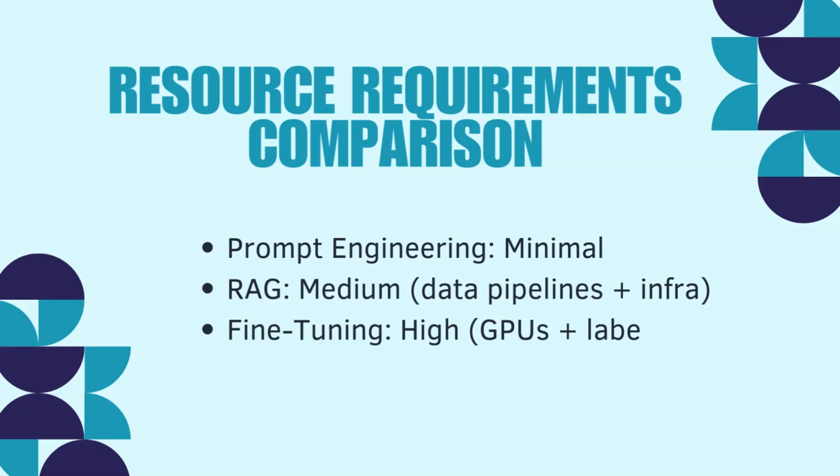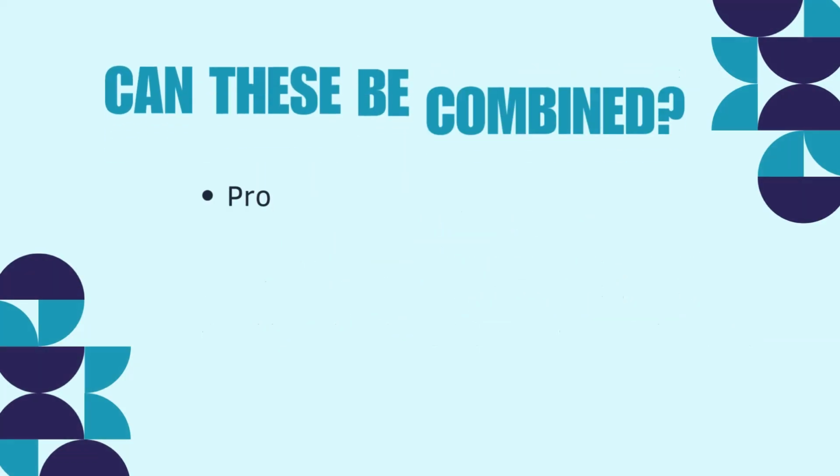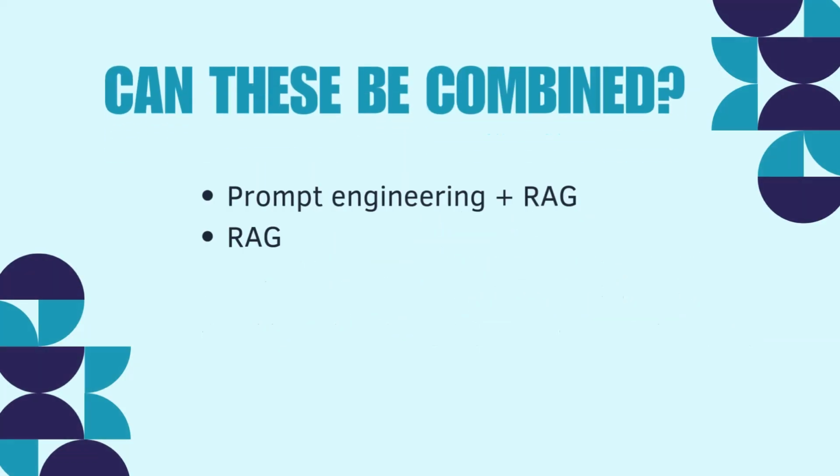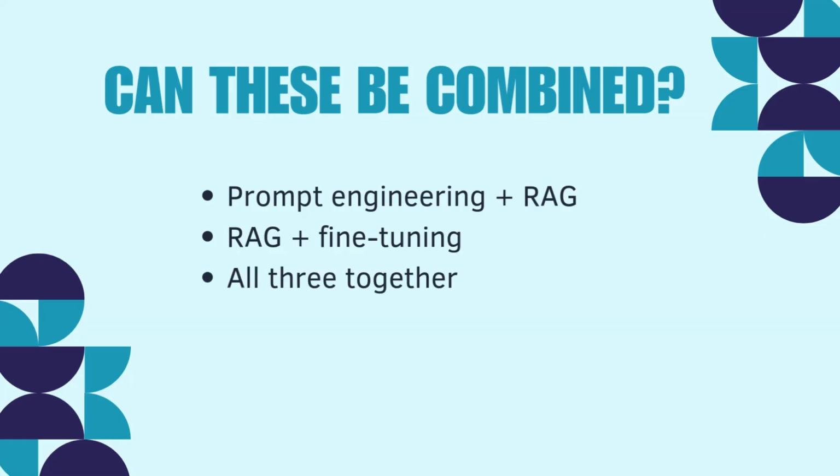Bringing it all together, each technique serves a different purpose. Prompt engineering controls model behavior, RAG adds real time and proprietary knowledge, fine tuning builds deep domain expertise. In real world systems, the best results often come from combining all three. If your task is creative, prompt engineering may be enough.